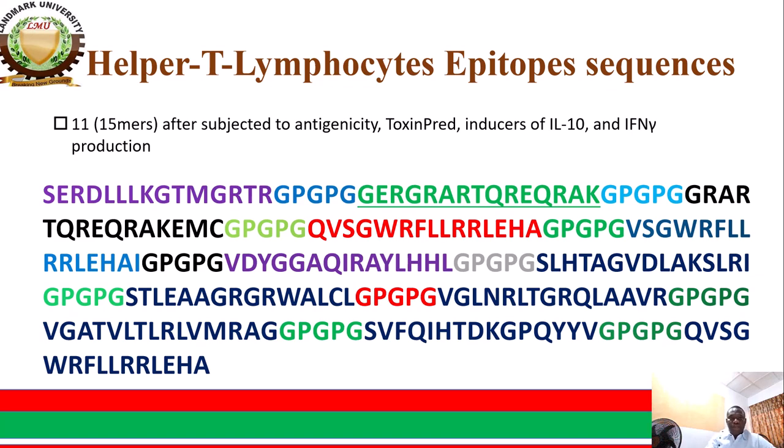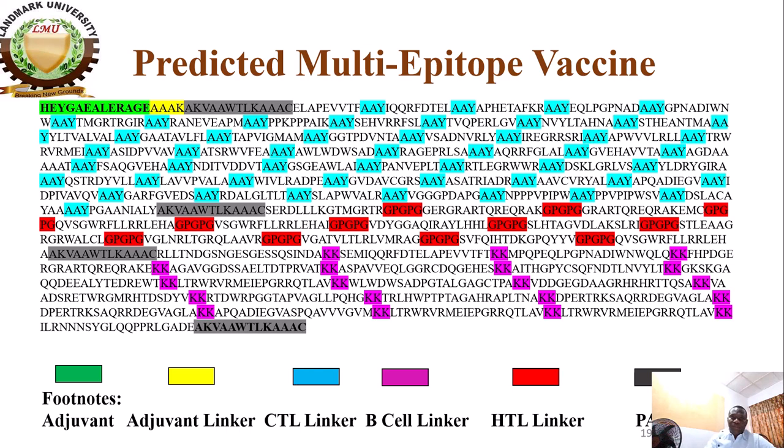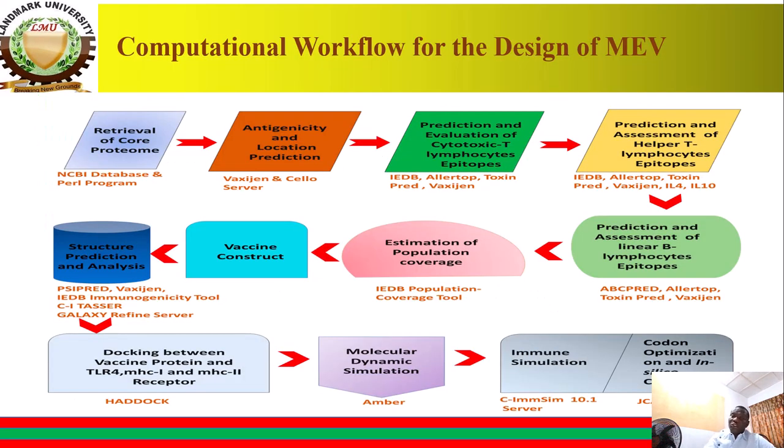So summarily, the computational workflow I used for the design of this multi-epitope vaccine includes retrieval of the core proteome, followed by antigenicity and localization prediction, performed by the use of VaxiJen and CELLO server.